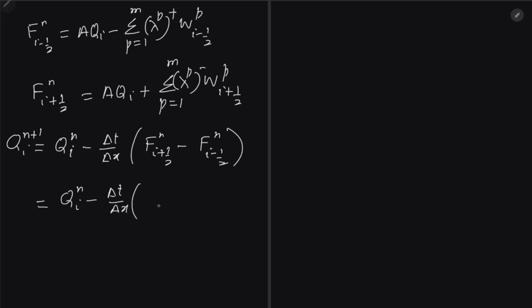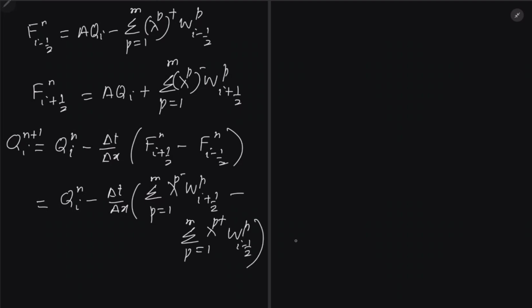We replace this i plus 1/2 with the values, and we have the sum from p equals 1 to m of lambda p negative W^p_{i+1/2} minus the sum from p equals 1 to m of lambda p plus W^p_{i-1/2}.